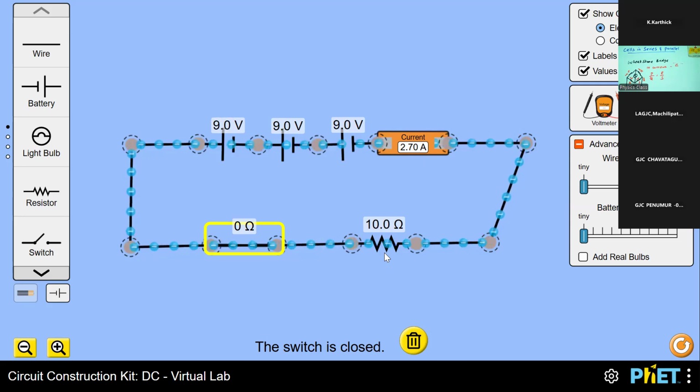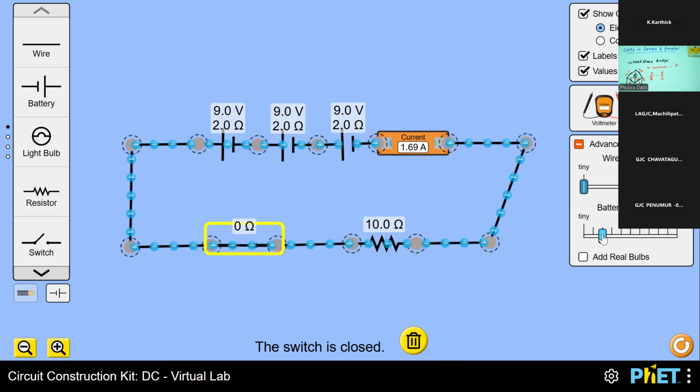Here the external resistance is 10 ohm. Now we can add the internal resistance. Look at the current value.